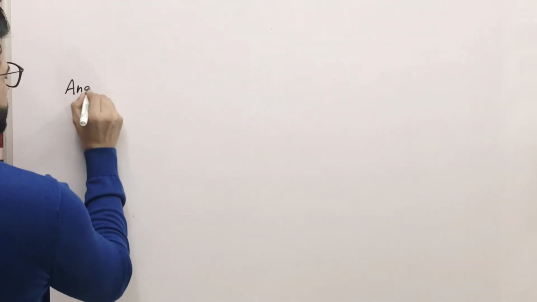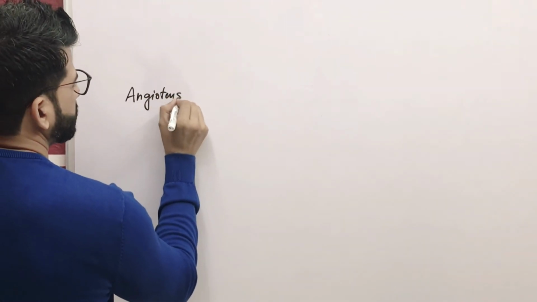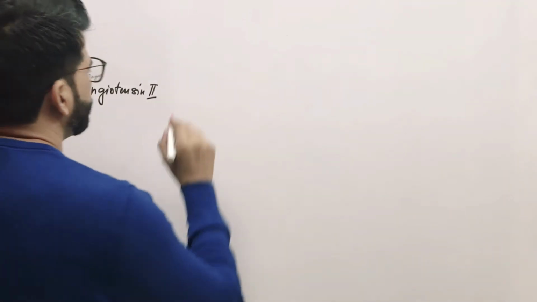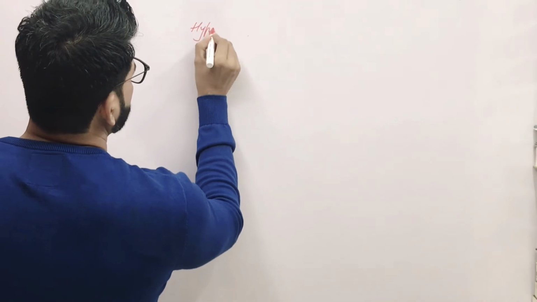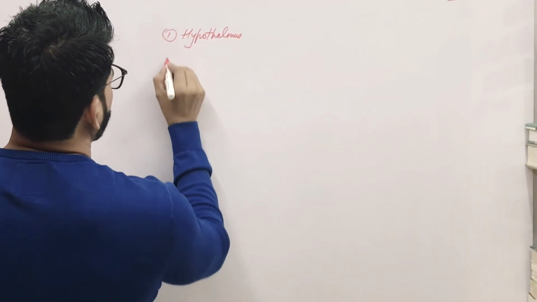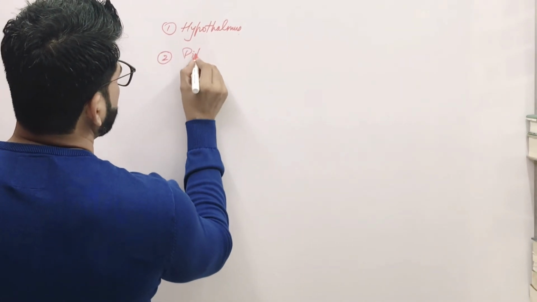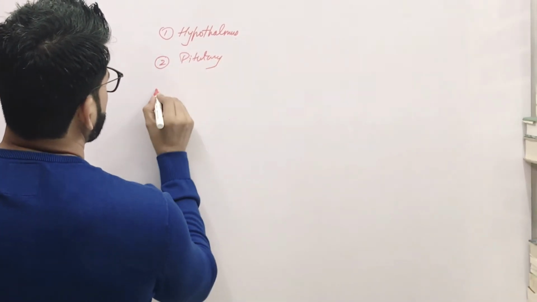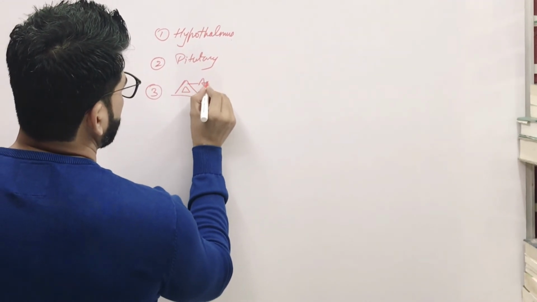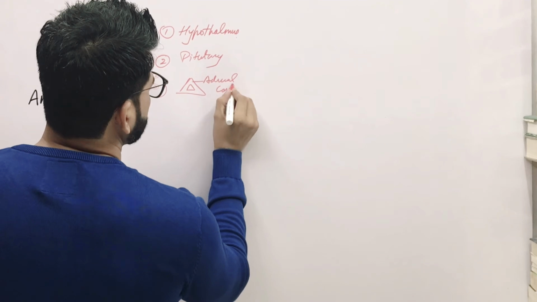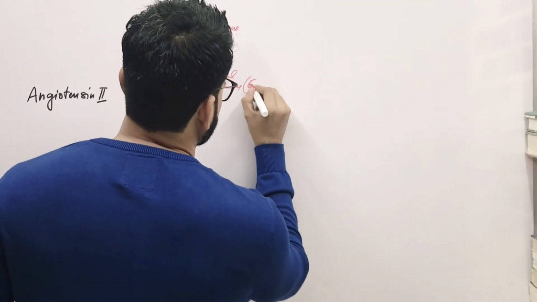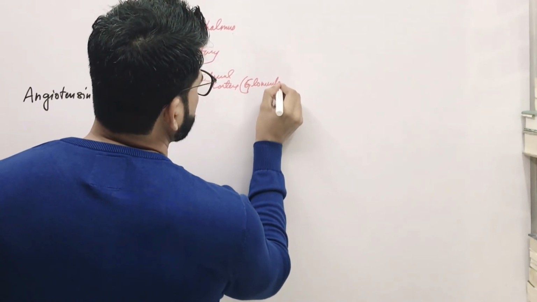So far we have made angiotensin 2. This angiotensin 2 will work upon the hypothalamus. Secondly, it will work on the pituitary. Third, it will work on the adrenal cortex. Which region? Glomerulosa.